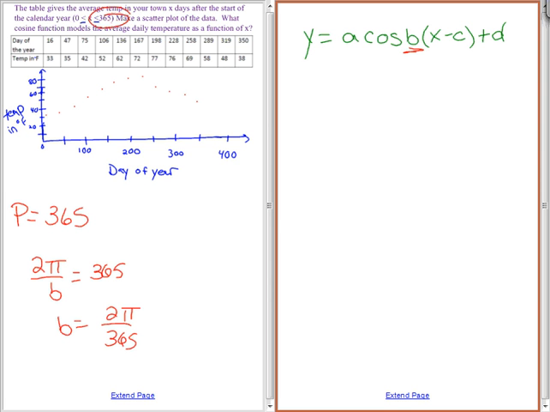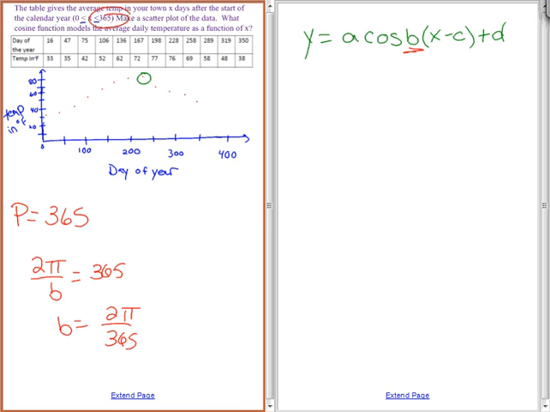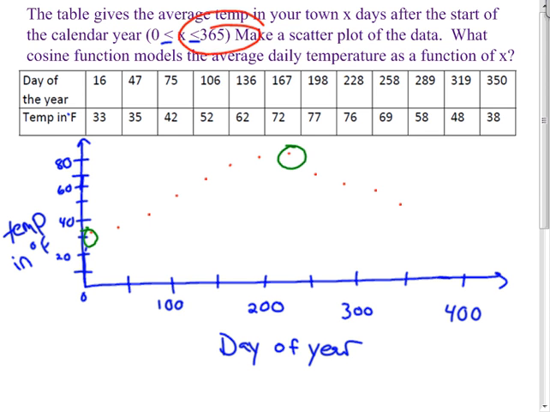So I look at my data. Now I can visually see approximately maybe that this looks like my max and this looks like my min. Now I'm going to look in my table to calculate that better. So when I look for those up and down values, are those x's or y's? Those are my y values.